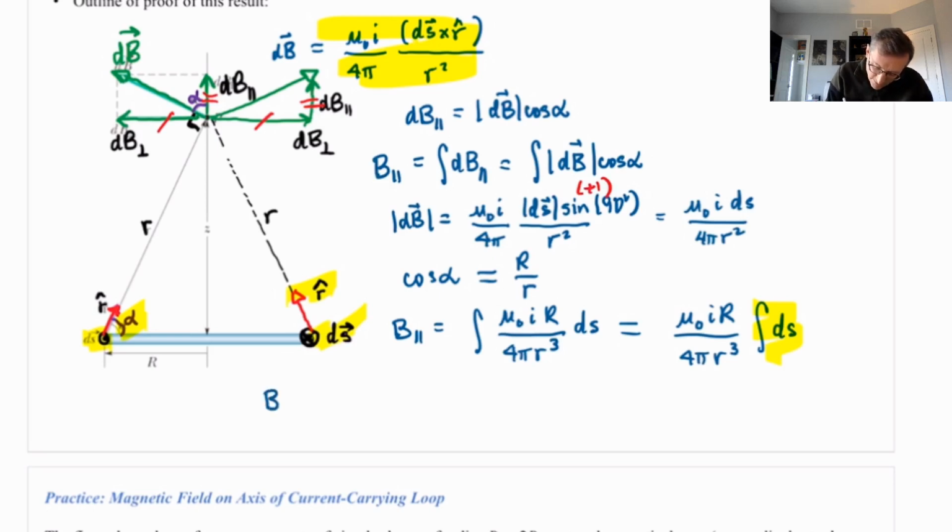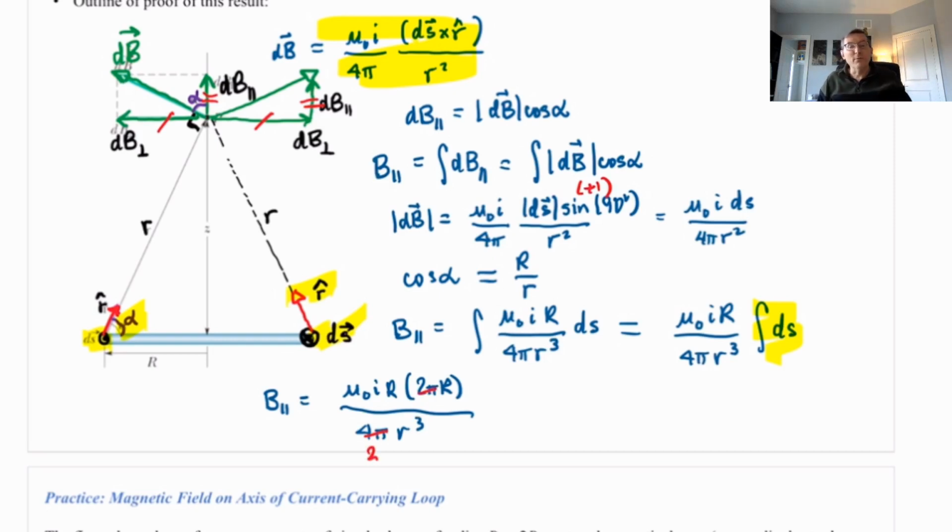So what's the expression for B parallel? Mu 0 I times the circumference, 2 pi big R, over 4 pi little r cubed. Well, let's see. 2 pi and 4 pi do some canceling. And note from the Pythagorean theorem that little r is the square root of big R squared plus z squared.